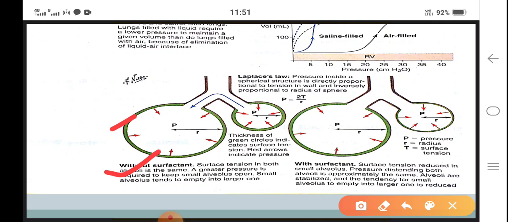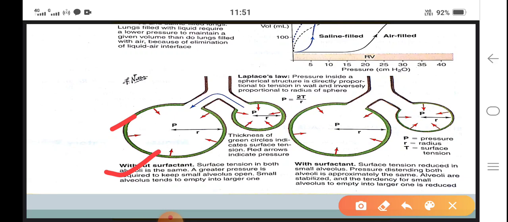The amount of pressure generated in this way in an alveolus can be calculated using Laplace's Law, which describes the relationship between the surface tension T, the radius of the alveolus R, and the pressure P by the following formula.